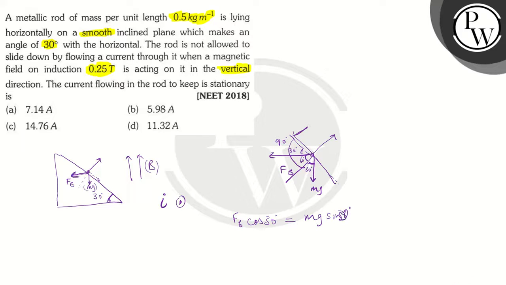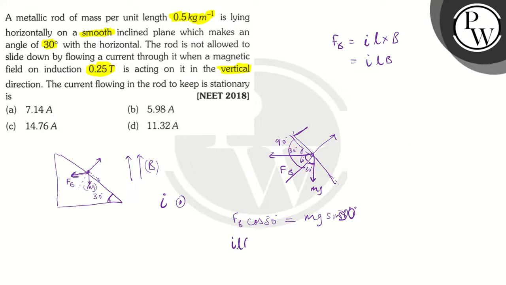ठीक है बच्चों, तो यहाँ पे हमें इसका वैल्यू पता है. We know FB is equal to nothing but I L cross B, but in this case L and B are in perpendicular direction, so cross product yields nothing but LB. So let's substitute this over here.